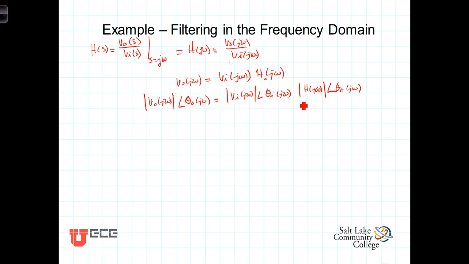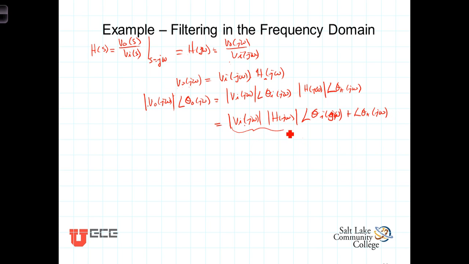Now in polar form, we know that when you're multiplying two things, it's going to be the magnitudes multiplied together, the magnitude of V in of j omega times the magnitude of H of j omega, and then the angle will be the angle theta in of j omega plus the angle of the transfer function, theta sub H of j omega.